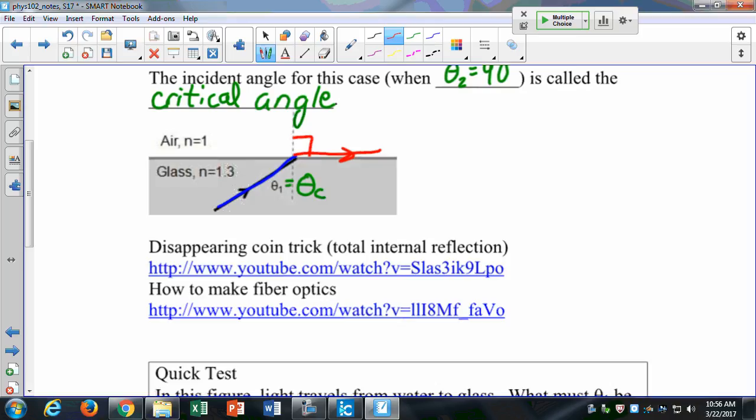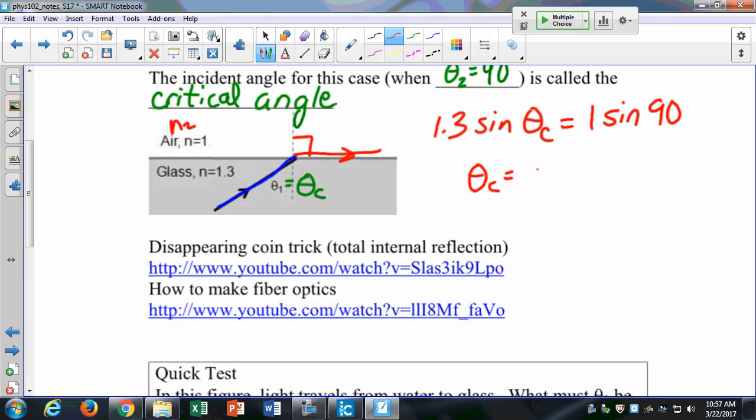And so if I want to calculate my critical angle, I say n1, that's 1.3, times sine of theta 1, but I'm going to call it theta c now because that's what it's going to be, is equal to n2, which is 1, times sine of 90. And then I can solve for my critical angle.